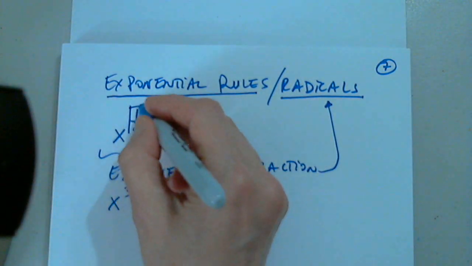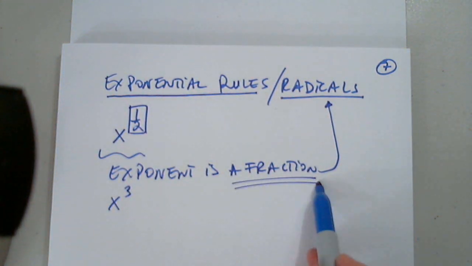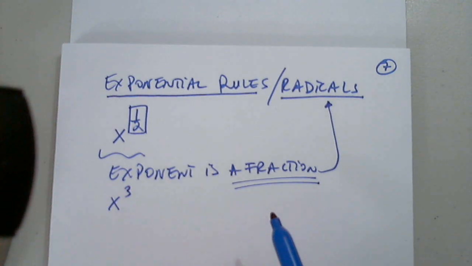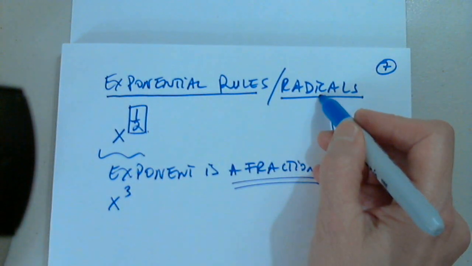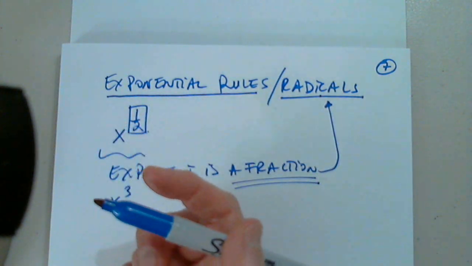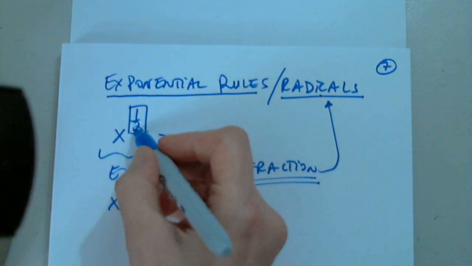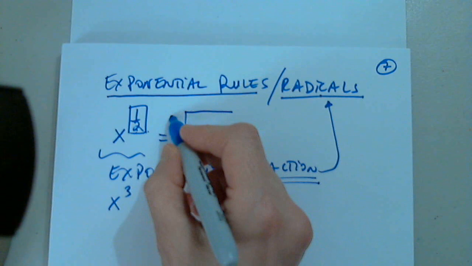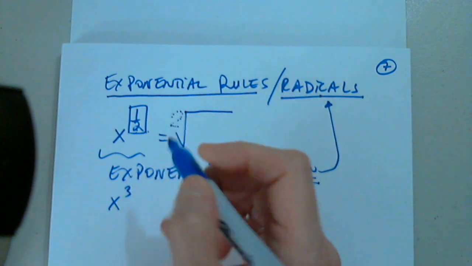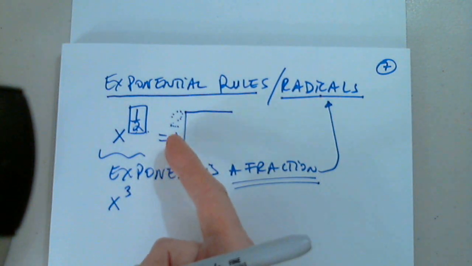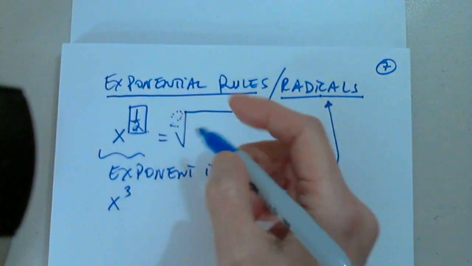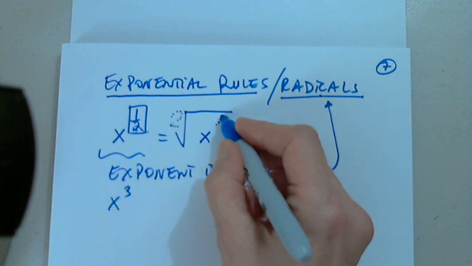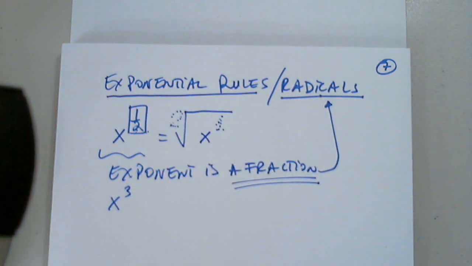But every time the exponent is a fraction, positive or negative, it doesn't matter, that expression changes into a radical and vice versa. The denominator is the index, and this is the only one we do not write. I put it as a shadow in there. And the numerator is the power of, in this case, x.